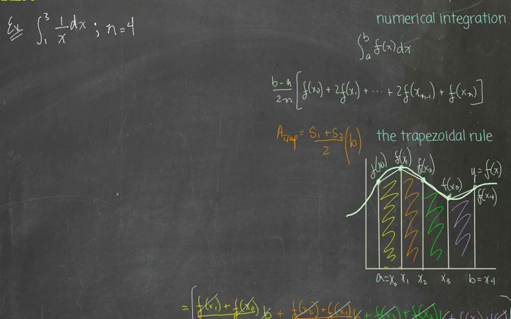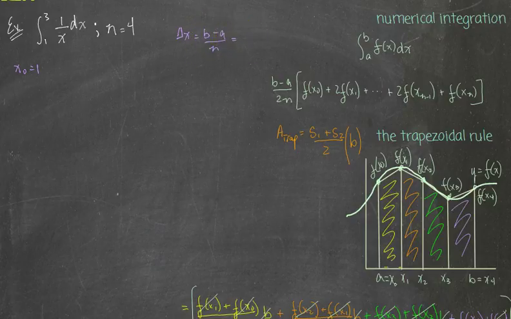So first we need to find the endpoints. We know that x0 is 1, and we know that x4 is 3. But we don't know where x1, x2, and x3 fall. But we can use the change in x from our formula right here. We can say the change in x is b minus a divided into n subintervals.